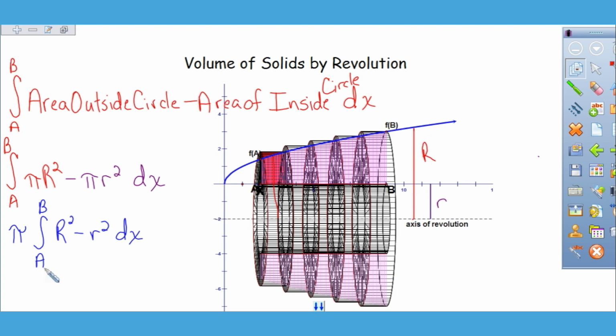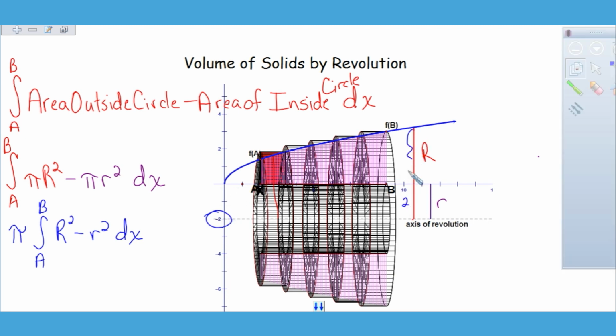So here we go. How do we find the distance of that? This distance, according to this, is negative 2. So that's the distance of 2, and this is the distance of the function, which is root x. So big R, from A to B, in this case is 2 plus root x.